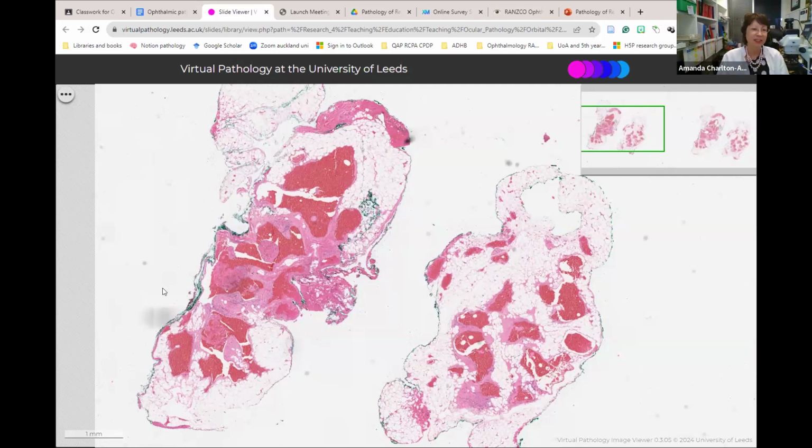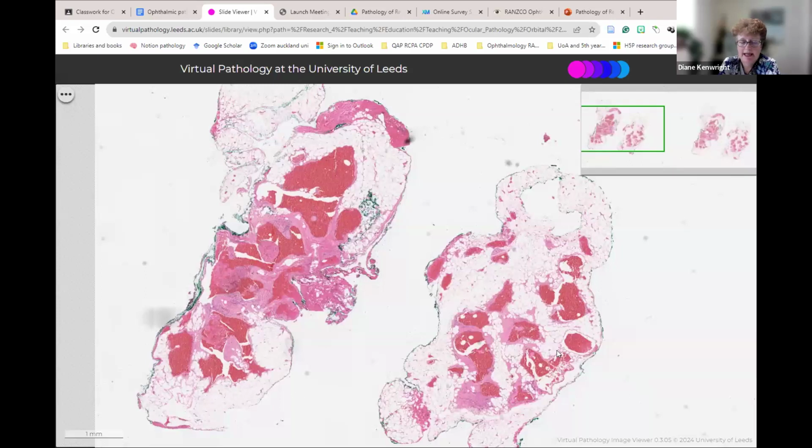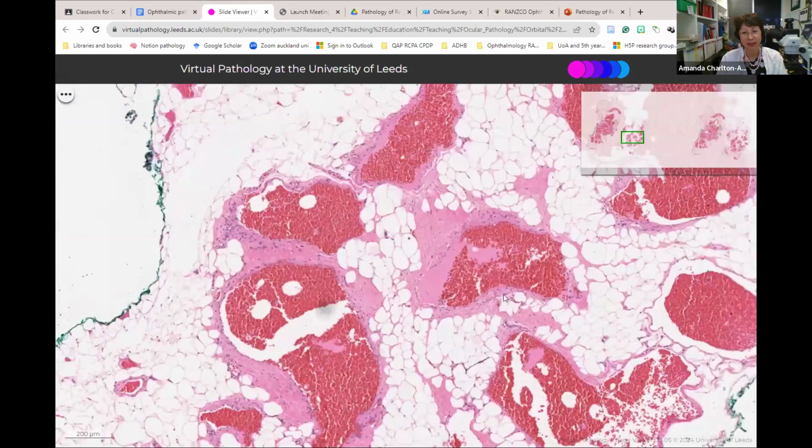So cavernous hemangioma or AV malformation. I think those would be my differential diagnosis. Sometimes I might just write a report like that and put it back to you, and you decide depending on the flow. We can't definitely see any veins or arteries here. They're just dilated vascular spaces.